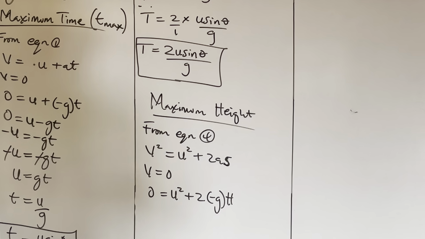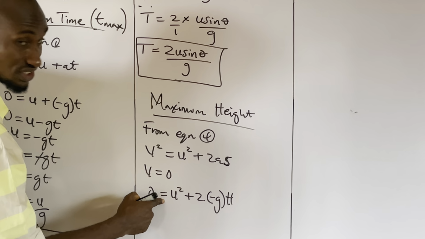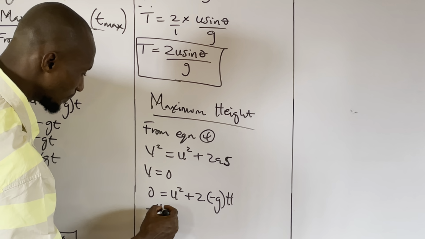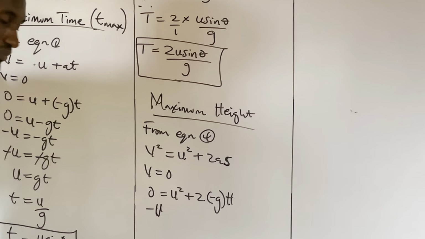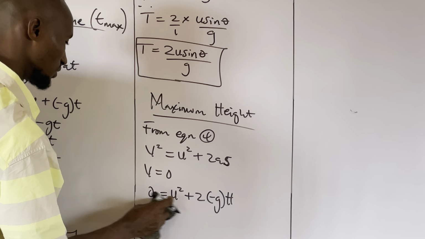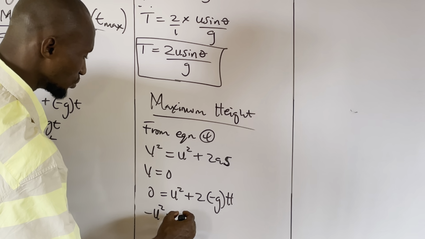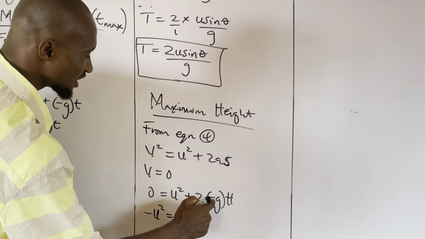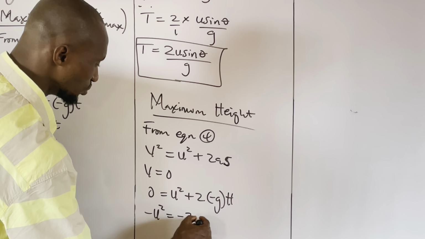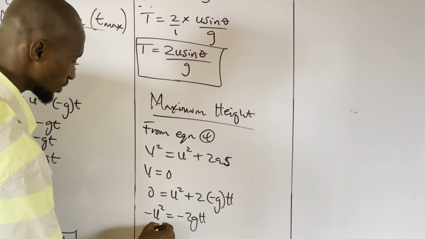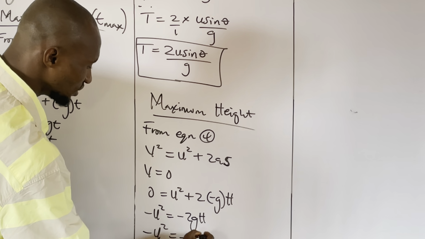So now this u squared will cross the equality side to become minus u squared. Minus u squared equals plus times minus, which gives us minus 2gh. This minus u squared equals minus 2gh.